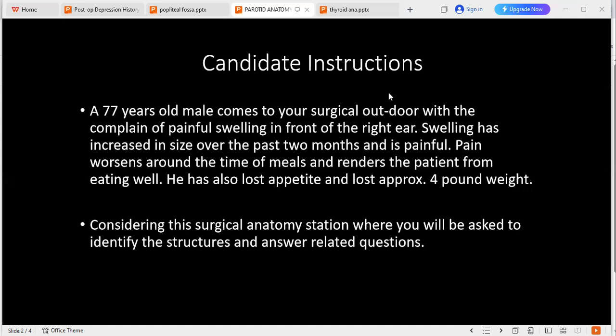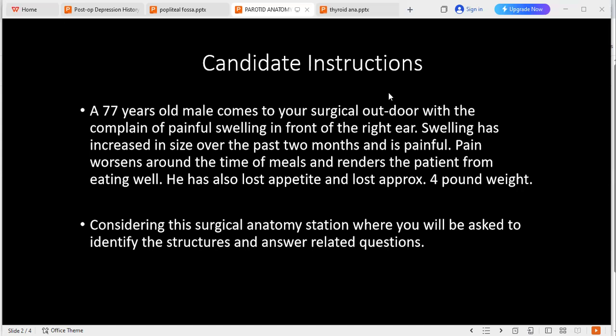Please tell me the nerve supply. The gland gets its innervation from where? Salivary gland innervation. What type of secretions does the parotid have? Serous secretion.